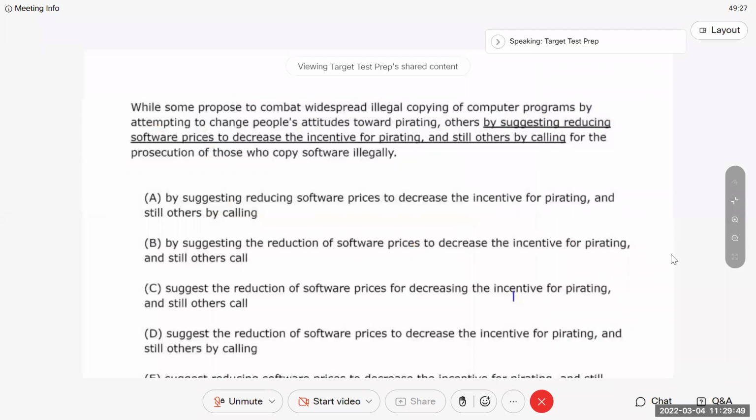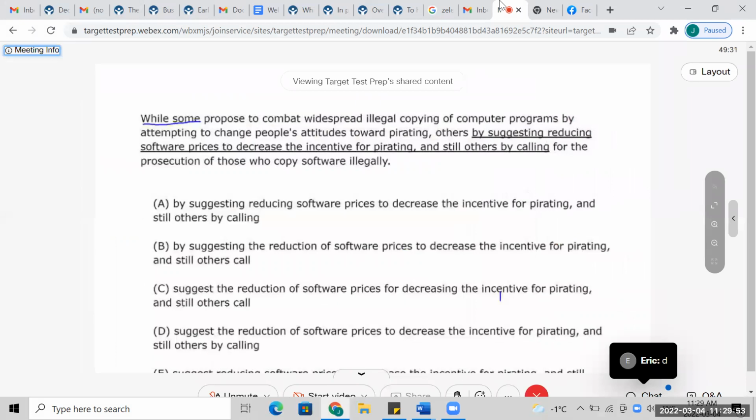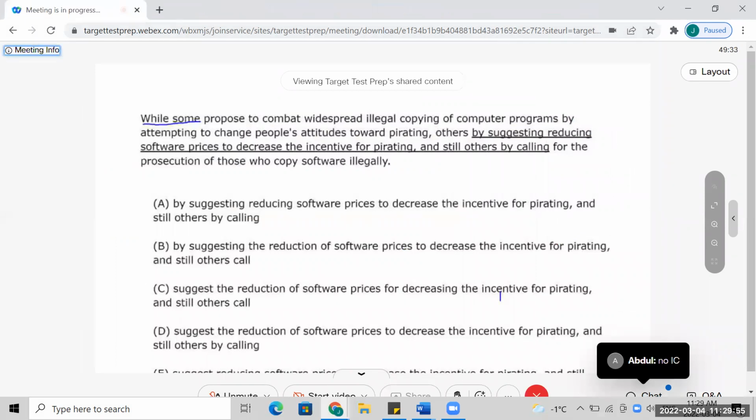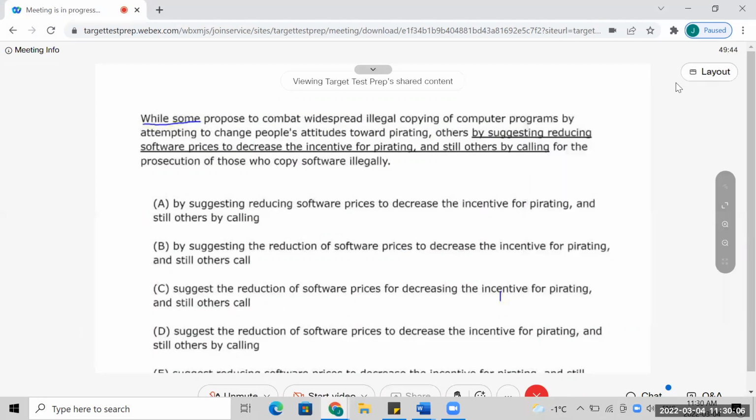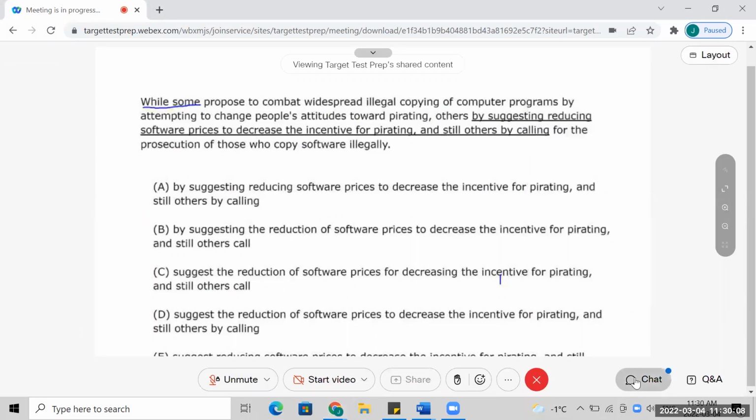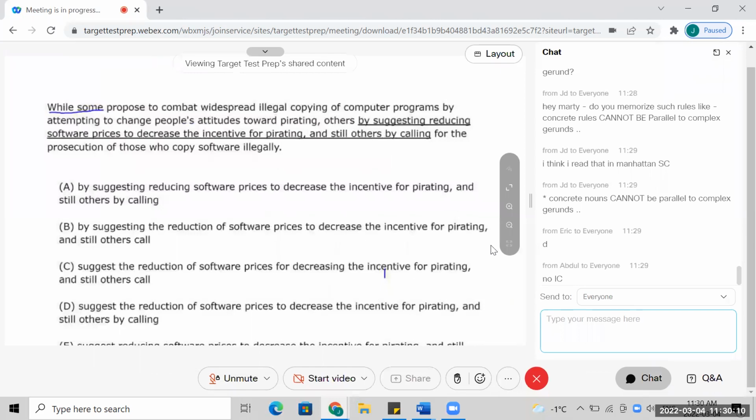While some propose, so we have an opening subordinating conjunction. While some propose, so there's our noun and verb. Some propose to combat widespread illegal copying of computer programs by attempting. Okay, so we have a subordinate clause, and then we have others by suggesting, and still others by calling.